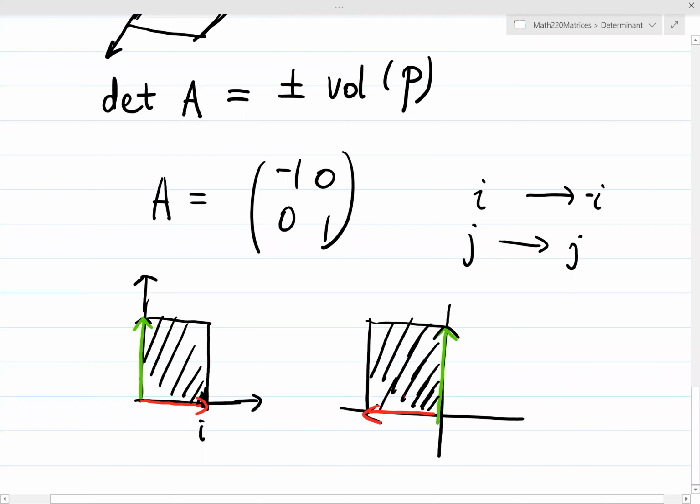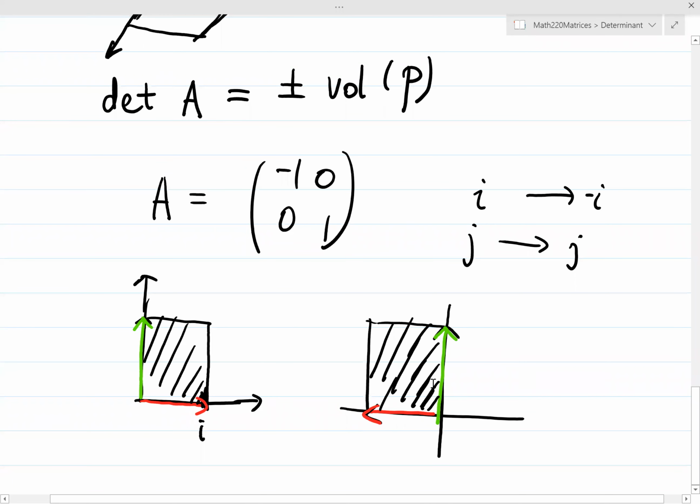Now you see, if you rotate it, use your right hand, the right hand rule. Use the fingers to rotate from red to green. Then your thumb points outward for the first square, out of the screen.